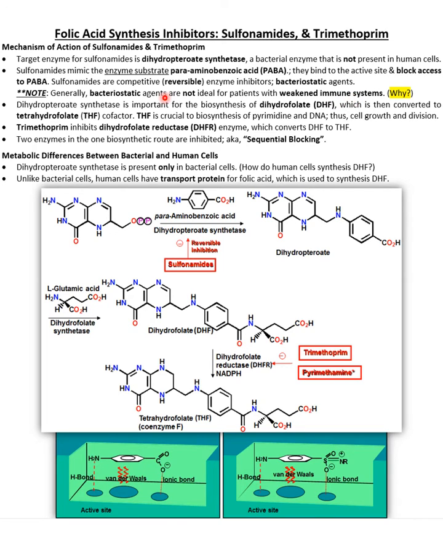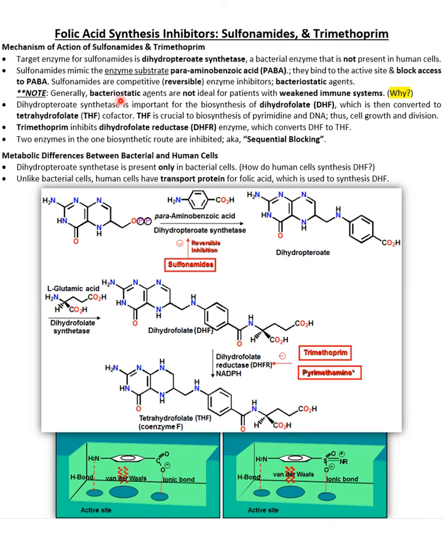The reason is bacteriostatic agents will only stop or freeze the development and the growth of the bacteria, and will rely on the host immune system to kill the bacteria and get rid of it.